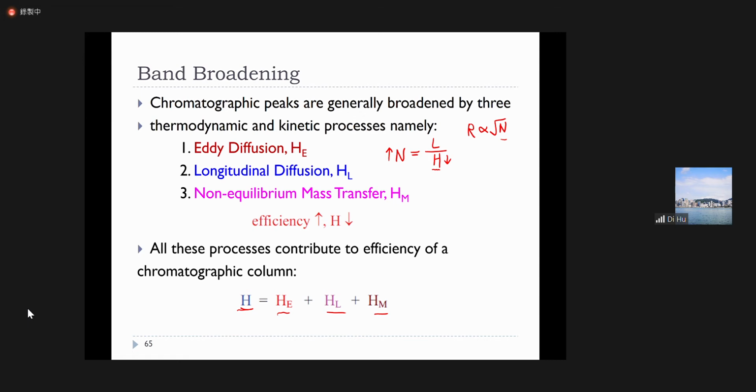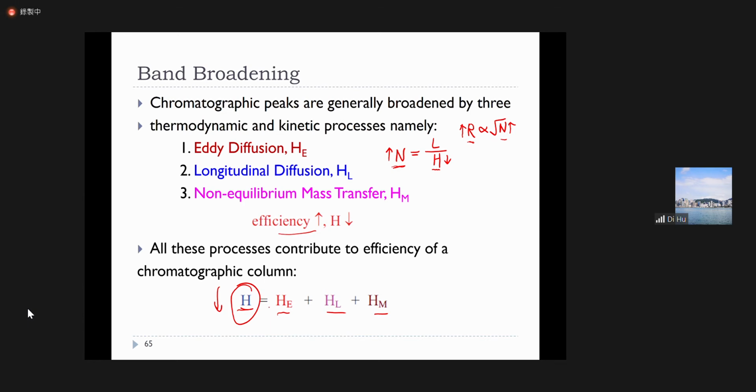So we want H to be small. If we have smaller H, then you have bigger N, and then better resolution, and better efficiency, we call that. So our target is to see how we can make this H small.